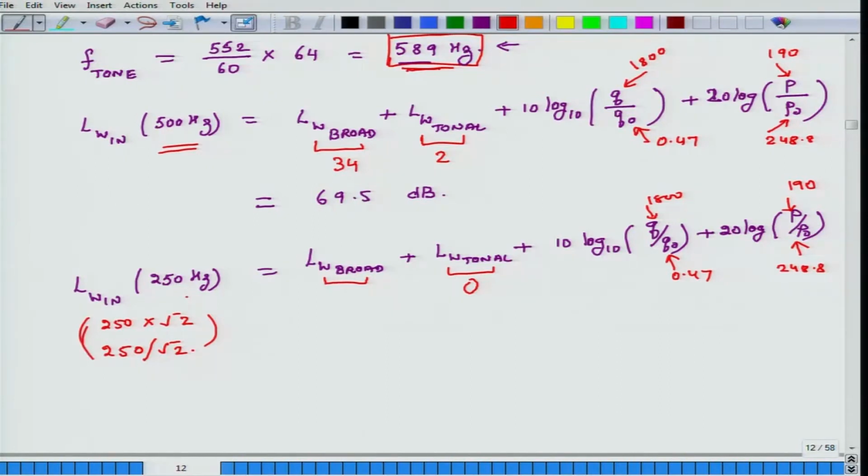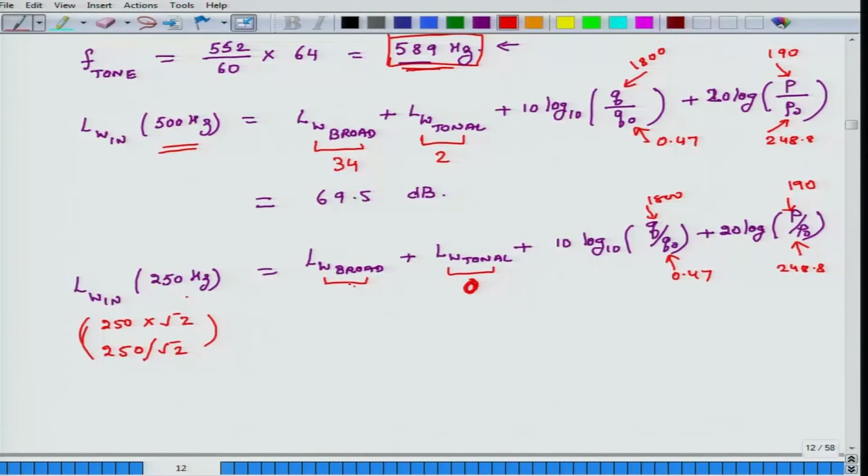Our 589 hertz tone does not lie in this bandwidth. So, this is going to be 0. It is important to understand. Okay. This number will be non-zero only for one band in which that frequency lies. For all other bands, it is going to be 0.